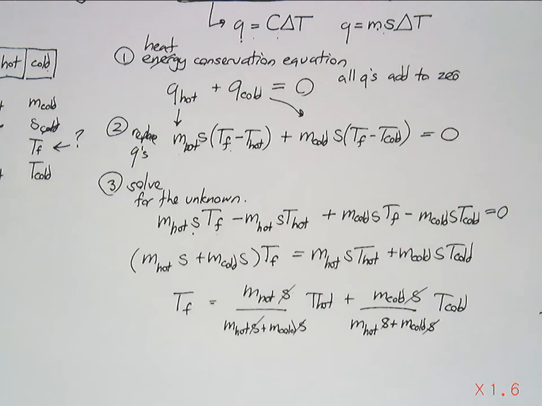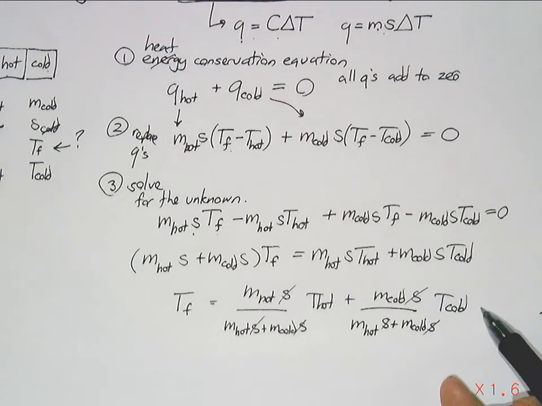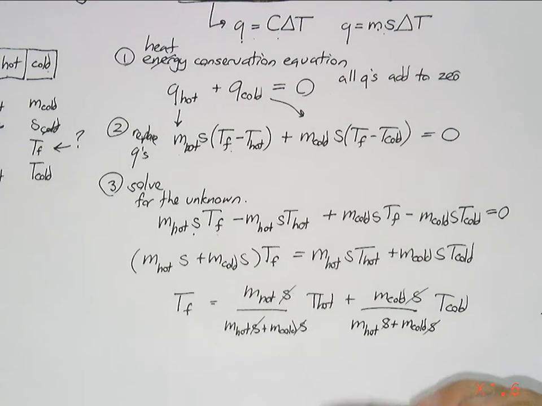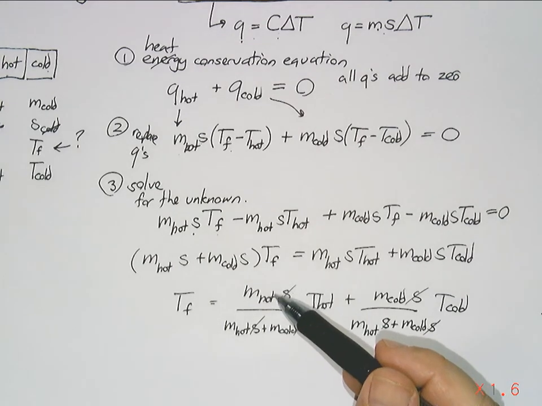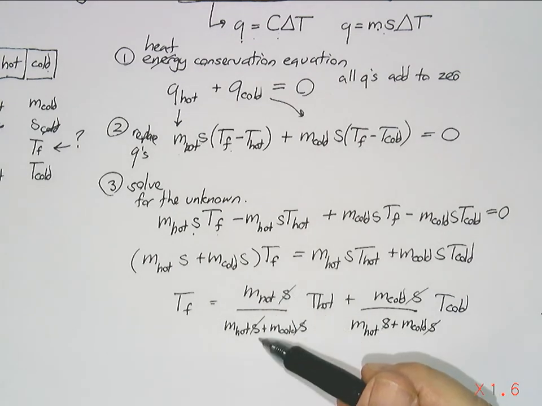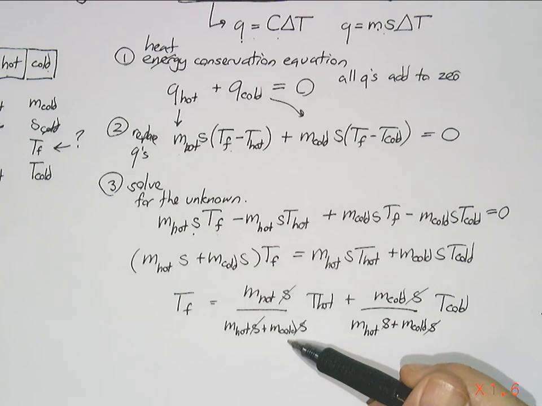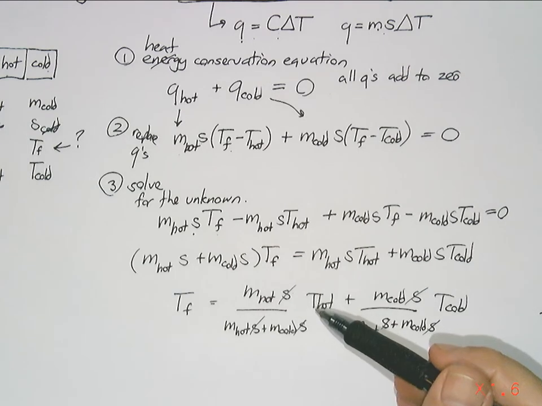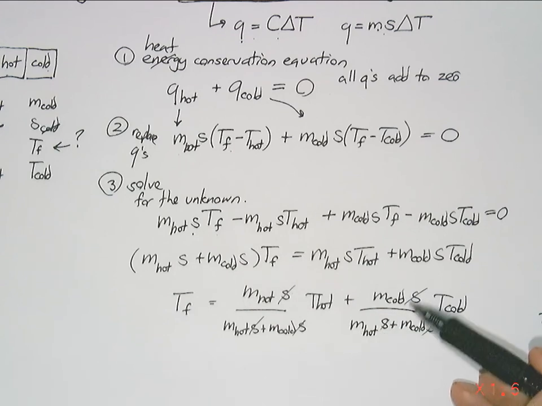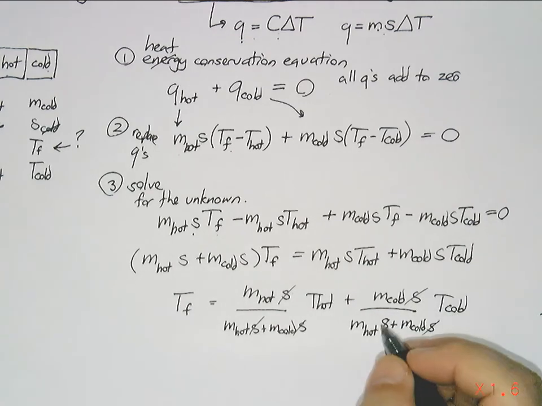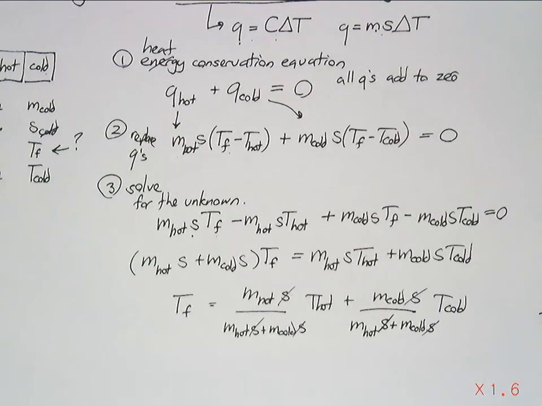Another simplification is that I notice this is a weighted average. It's weighted by mass in this case, because I'm taking the mass of the hot divided by the total mass of both of the objects as a weight for this, and the mass of the cold divided by the total mass of both of the objects as a weight for this. So what I'm getting is a weighted average of the two temperatures as my answer here.